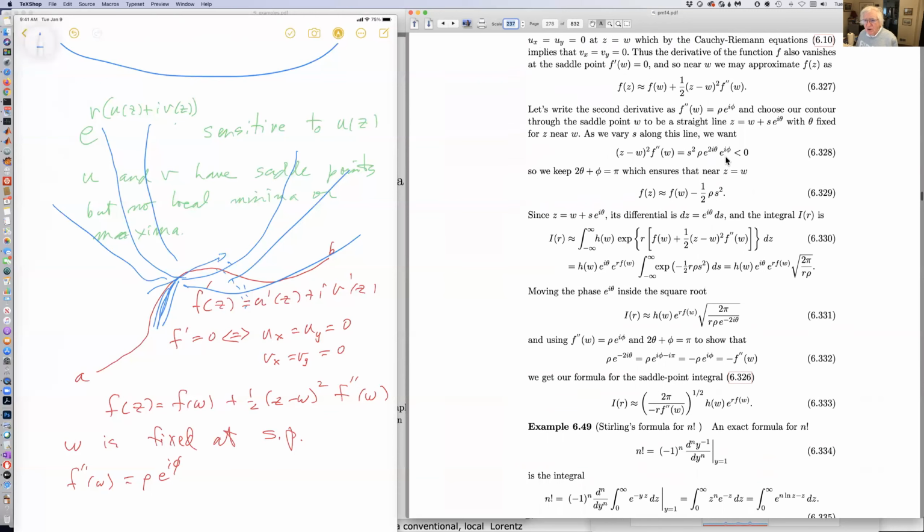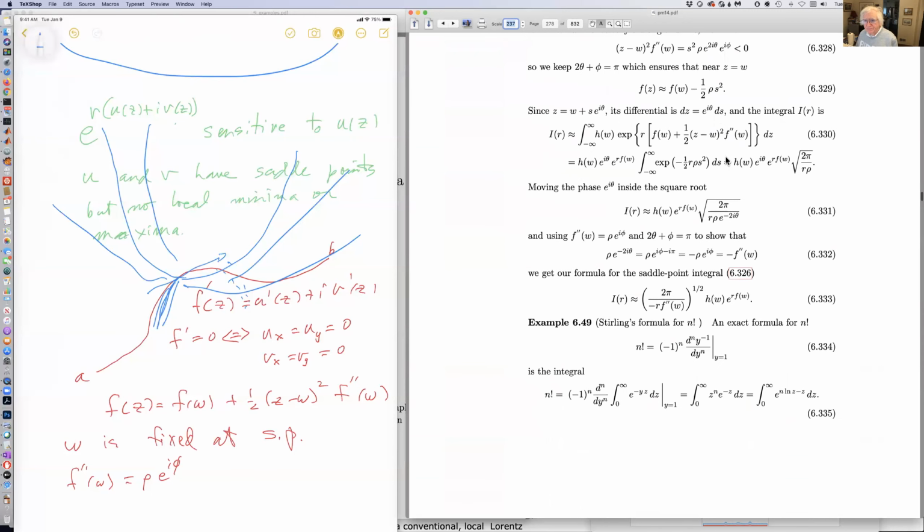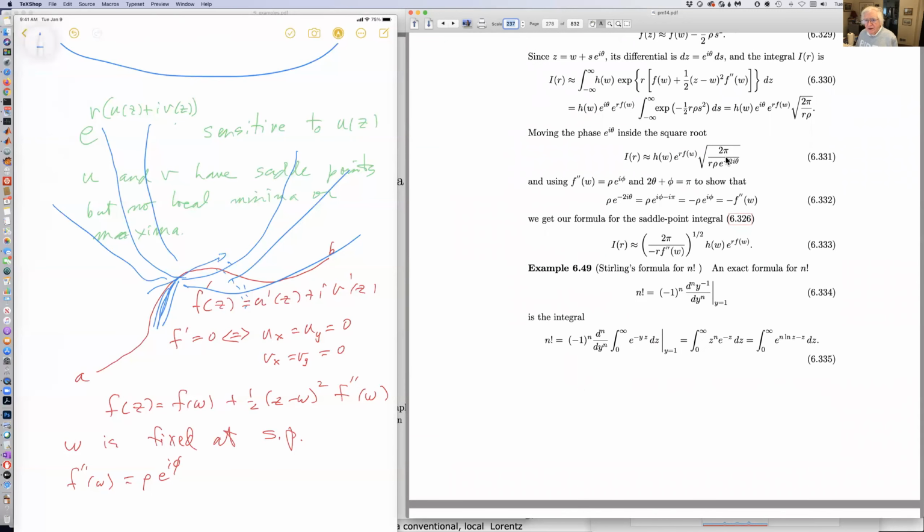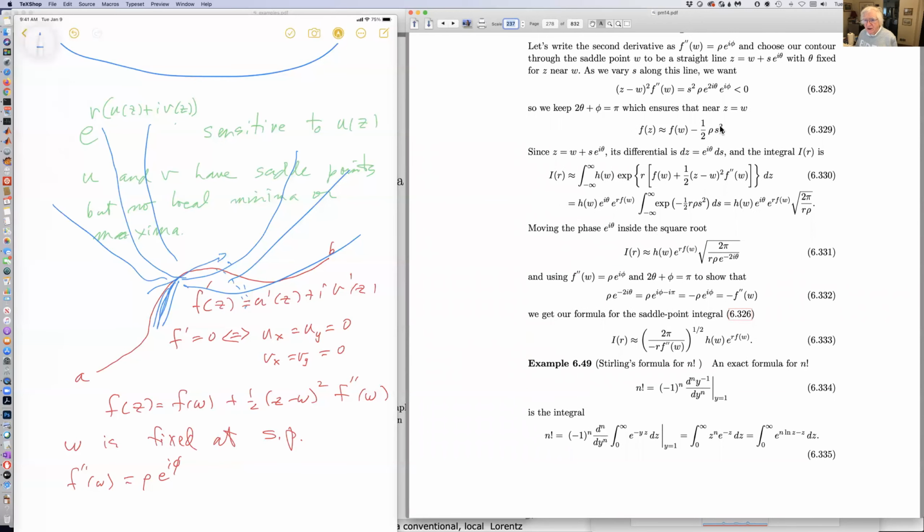Okay, so we've arranged then for this to be negative, and so then we just have this Gaussian, and we know what the Gaussian integral is. In this case, it's the square root of 2 pi over r rho, and then we have the constant factors in front.